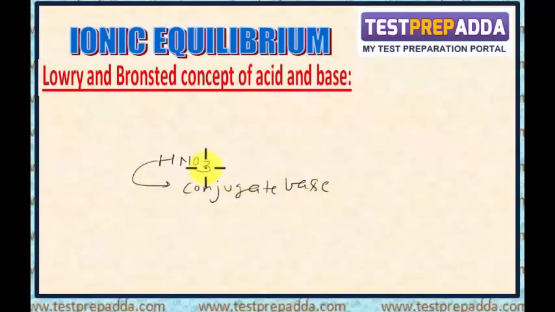If you want to write the conjugate base of a given acid, then remove H plus. How many H plus? 1 H plus. If I remove 1 H from here, it becomes NO3. Now if I remove 1 plus, it will become NO3 minus. So NO3 minus is the conjugate base of this HNO3 acid.